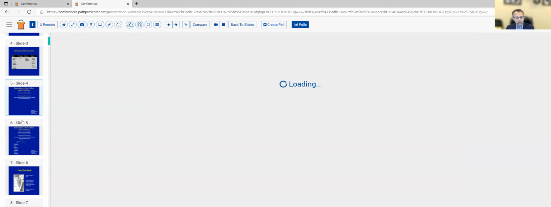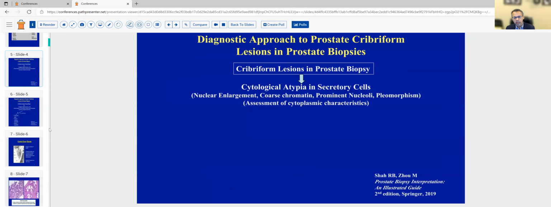The first step in this evaluation is a careful cytological evaluation of secretory cells, which includes both nuclear features as well as cytoplasmic characteristics. Specifically, I ask whether there is any nuclear enlargement, coarse chromatin, prominent nucleoli, or nuclear pleomorphism. The assessment of cytoplasmic characteristics is also very, very important.